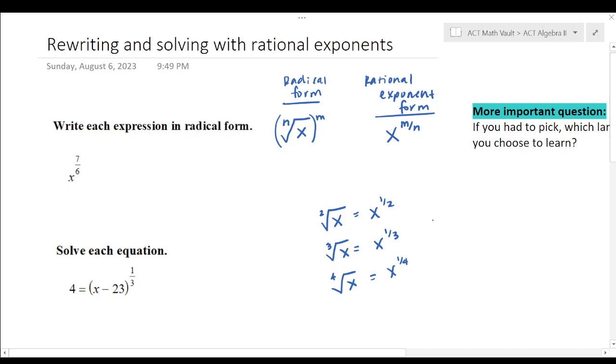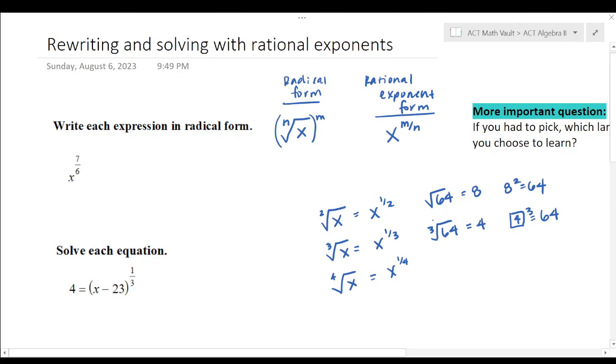So I'm going to take a number where you can actually take the square root and cube root of it. So square root of 64 is 8, because 8 squared is 64. The cube root of 64, well, you have to think of what to the third power is 64. And the answer to that is 4.